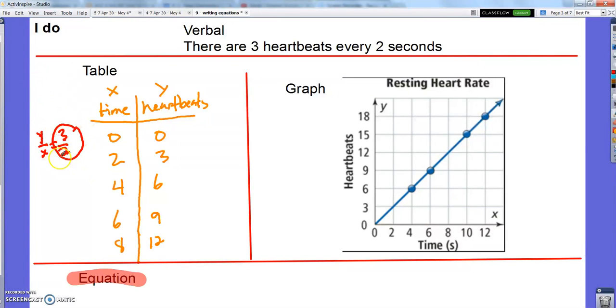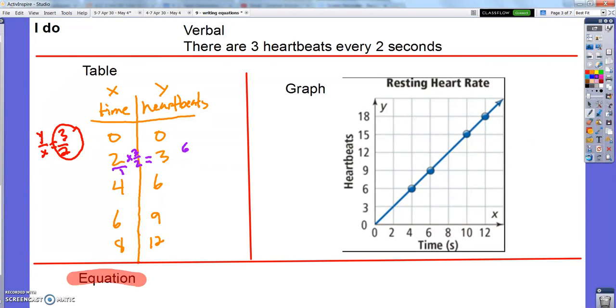Another thing you can do with this is the constant of proportionality shows you this. If you look at the chart, if you ever take the x value and multiply it by that, you'll get the y value. 2 times 3/2 is 3. 2 times 3 is 6. 1 times 2 is 2, so you get 6/2, which is 3.